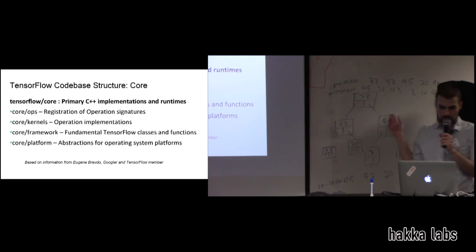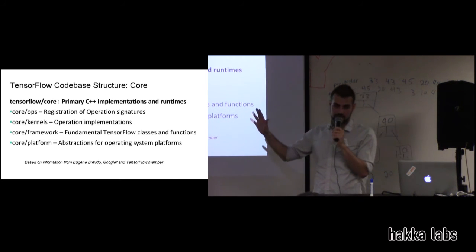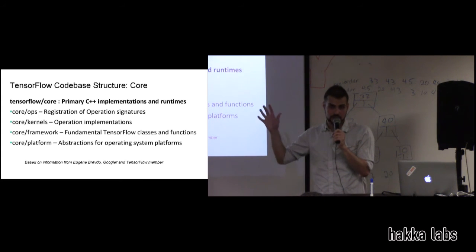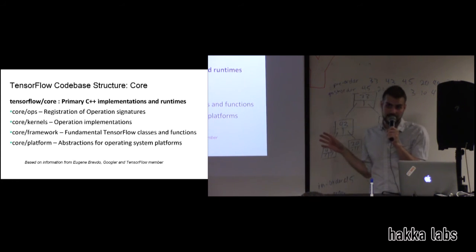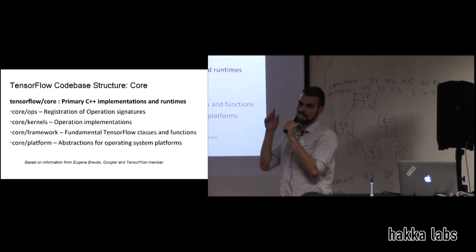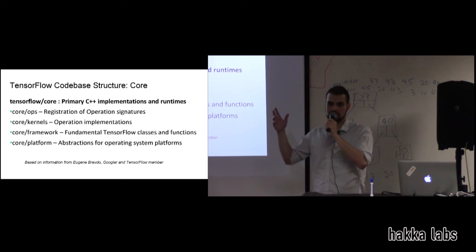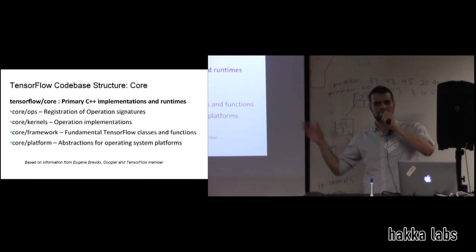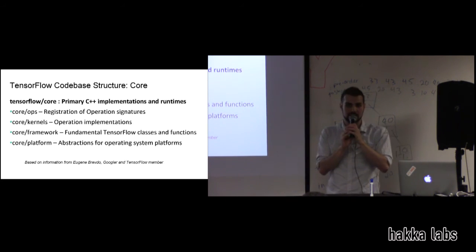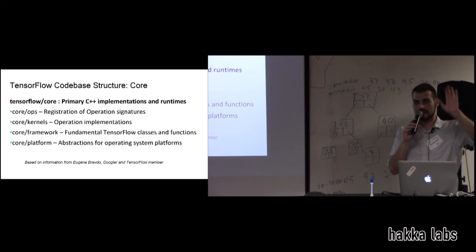So basically, when you get into TensorFlow, you go to the TensorFlow repository. It's structured like a Python project, which means that the first folder that you need to go into is actually called TensorFlow, right? So you go to the main repository, you have the README, you'll see a folder called third party, and you'll see some other things. For the meat of the actual TensorFlow implementation, go into the TensorFlow folder.